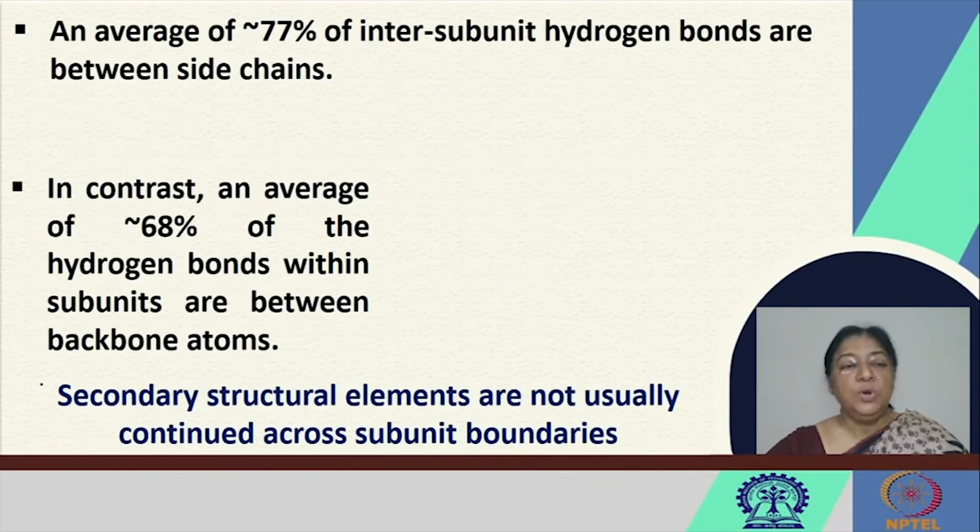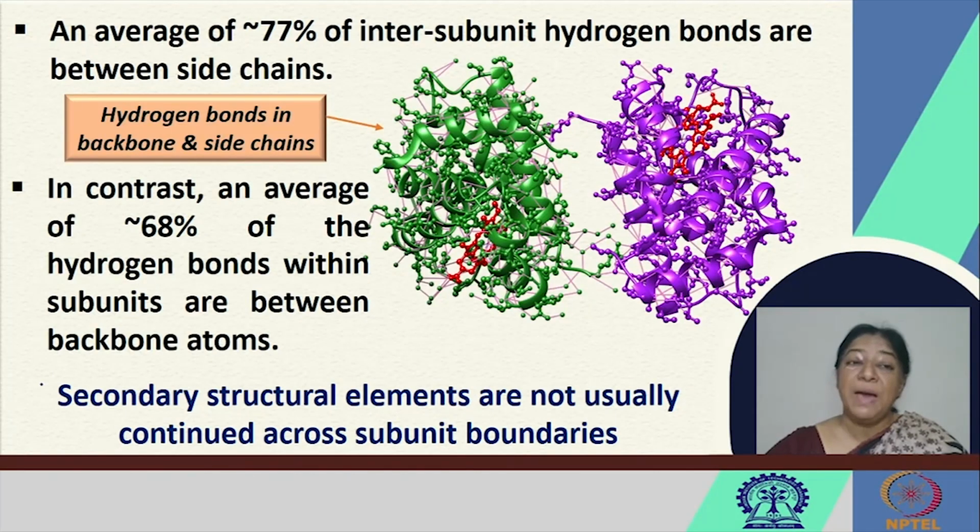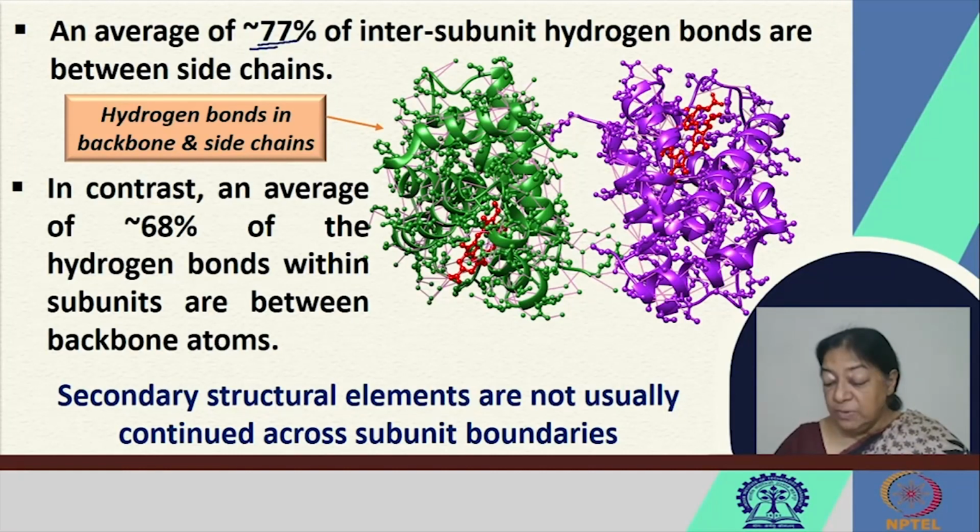What we have is approximately 77% of inter-subunit hydrogen bonds that are found between side chains. However, an average of about 68% of the hydrogen bonds found within subunits are between the backbone atoms. So if we look at the hydrogen bonds in the backbone and the side chains, we have approximately 77% that are inter-subunit type.